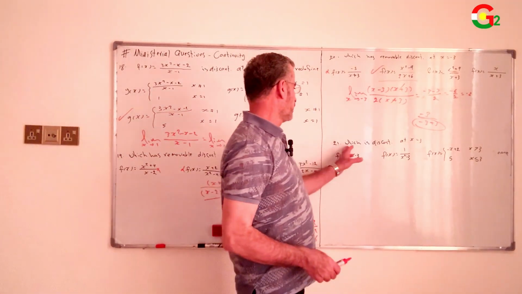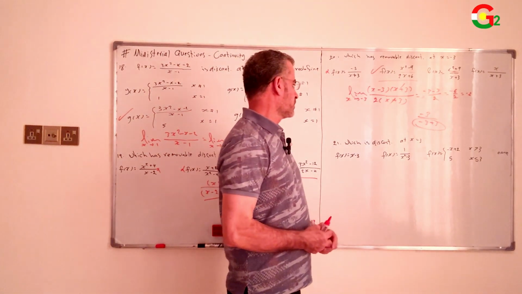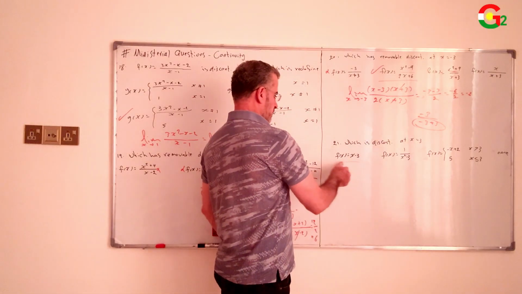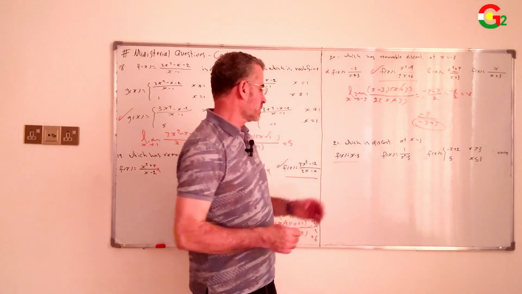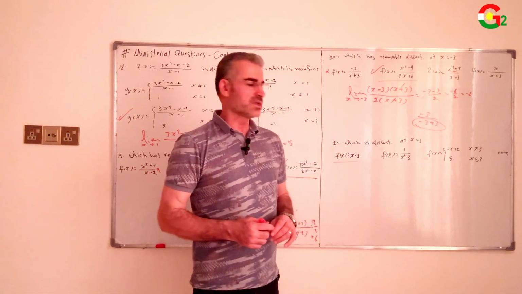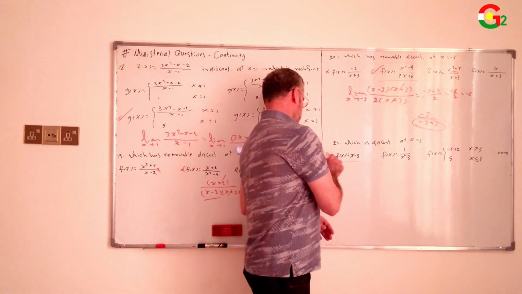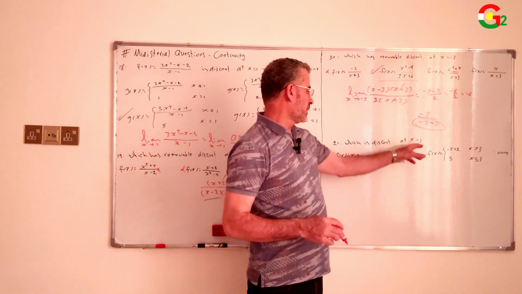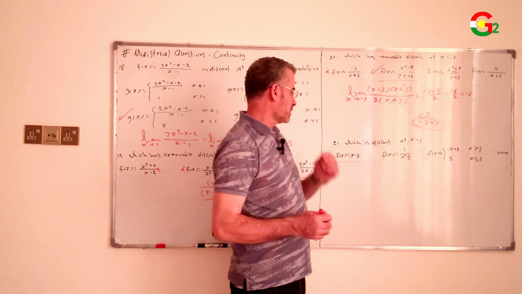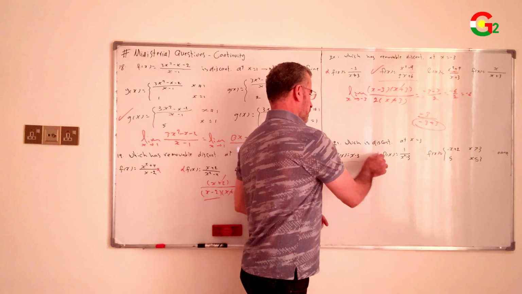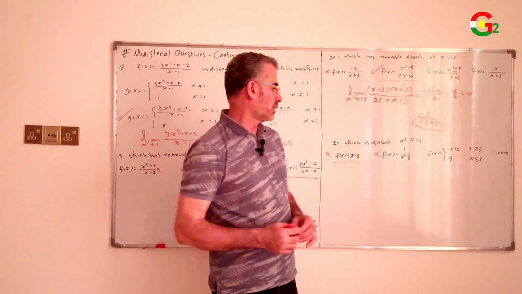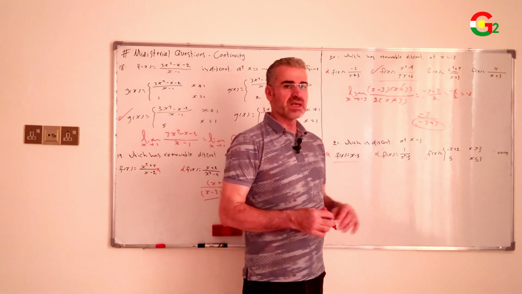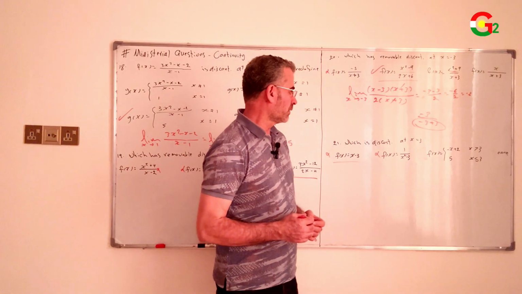Question number 21. Which of the following functions is discontinuous at x equal 3? For the first function, it is a linear function, so it is continuous everywhere. So it is a wrong choice. For the second function, 3 is within the domain of this function, so it is continuous when x equal 3, because the domain of this function is all real numbers except positive and negative square root of 3.